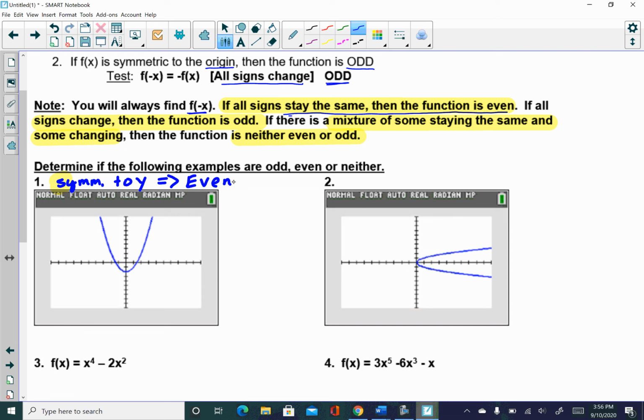Okay. Moving over to number 2, I'm not symmetric to the y-axis. And I'm symmetric, in this case, to the x-axis, and being symmetric to the x-axis does not have any variance on whether you're odd or even. So in our case here, we would be neither.